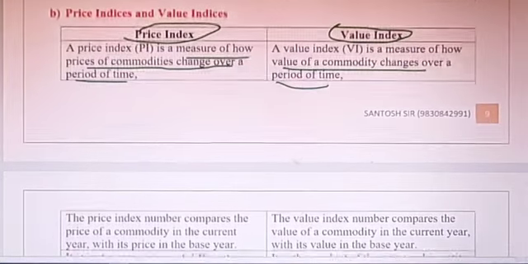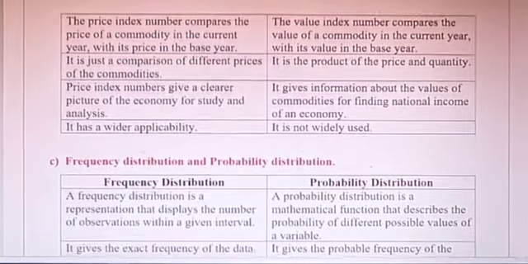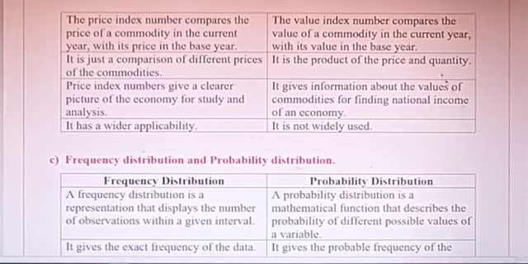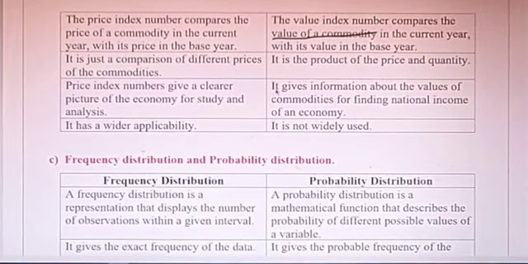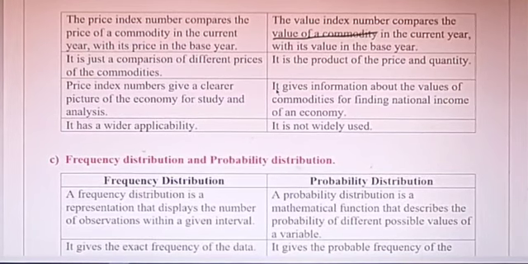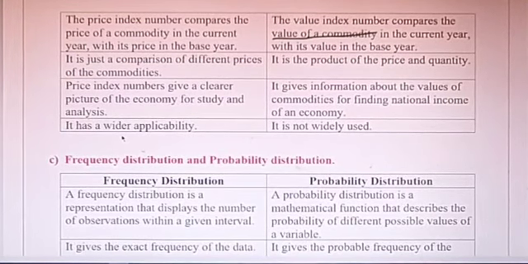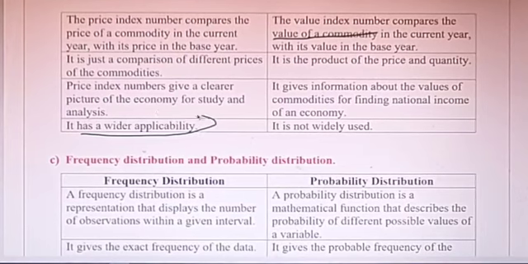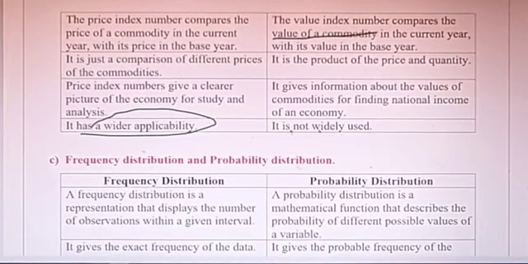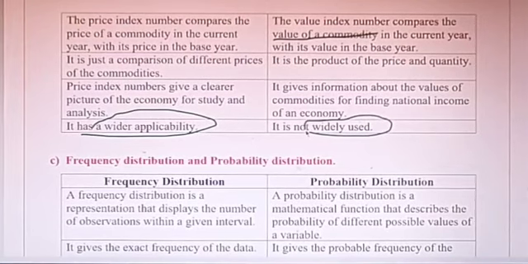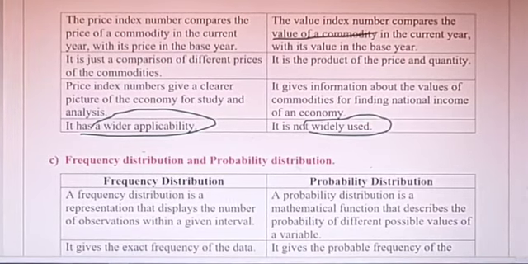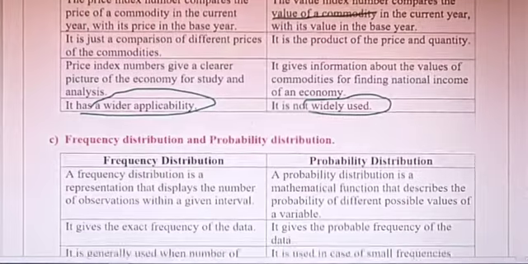Price index number compares the prices of the commodities, whereas value index compares the value of the commodity. Basically the price index has more applicability. It is more widely used by companies, whereas value index is less frequently used by companies. So like this you can write the points.